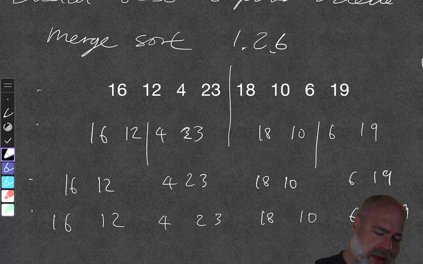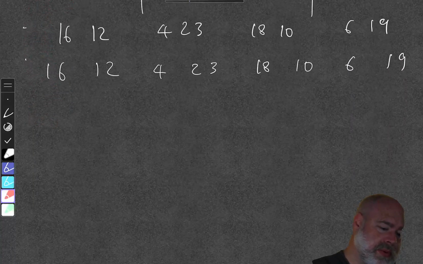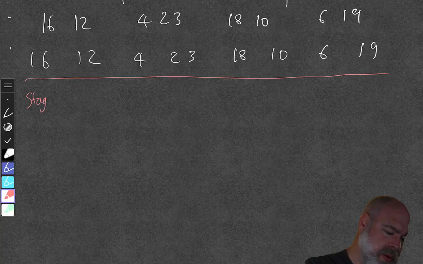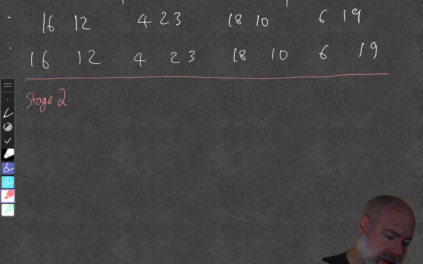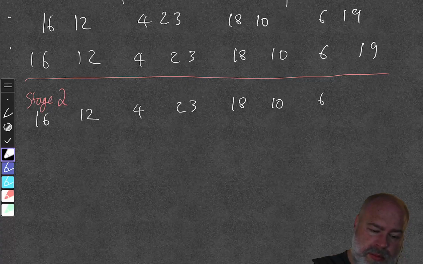And at this point, that's stage 1. We call this stage 1. And let me just move this up a little bit. And stage 2 is then going to be looking at all those numbers which have been separated out into pairs, because this was an even amount of numbers.